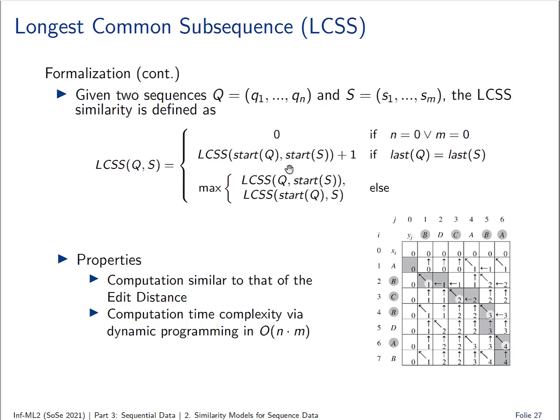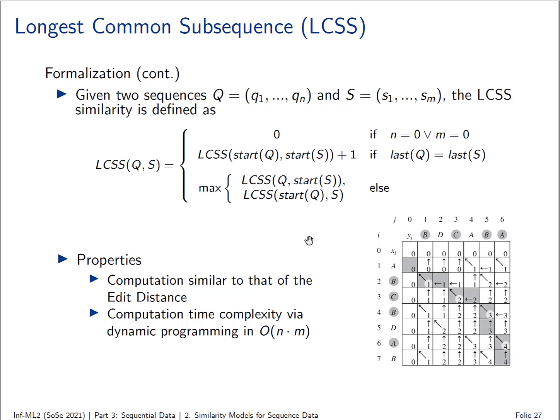So the computational time complexity can be reduced to, again, O of n times m through dynamic programming. The same idea as before, that we use this matrix notation and work from top left to bottom right with a very similar closed formula to the one we had before.